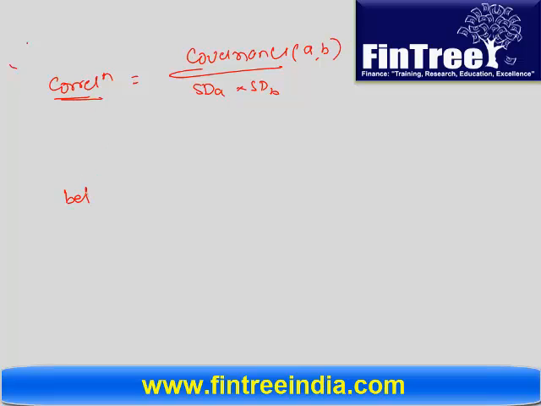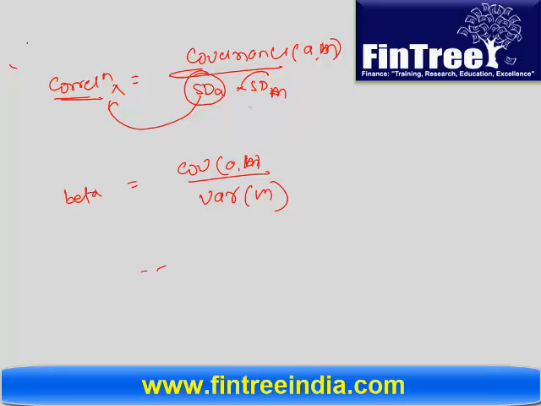Then what was the formula for beta we learned? We learned that beta is covariance of A and M divided by variance of M. Let me call this as M, this as M, this also as M. Now, if I shift these terms, correlation into standard deviation A into standard deviation M is equal to covariance.